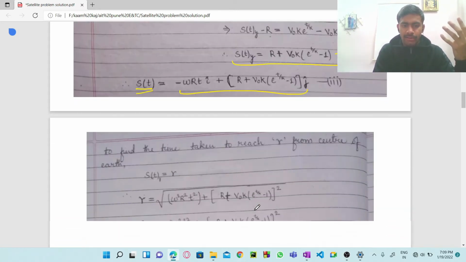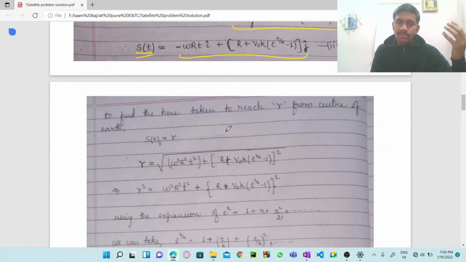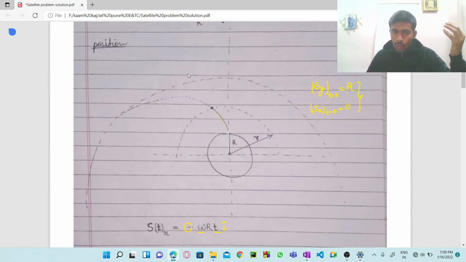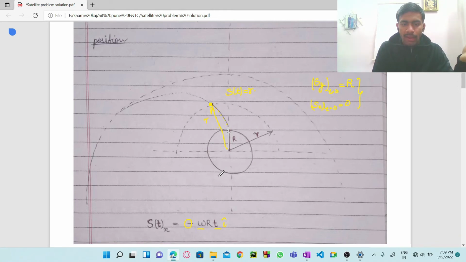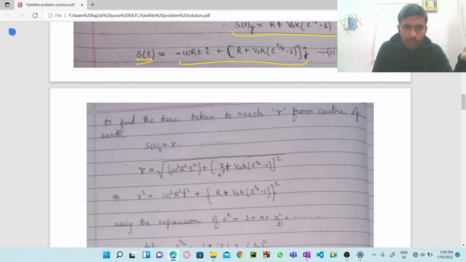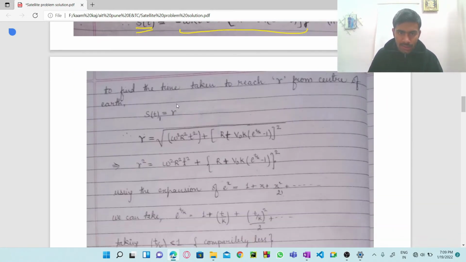As my satellite is going only to a distance of r with these quantities like velocity, acceleration and position, only up to position equal to r, I will put my s of t equal to r in order to find how much time it would take to reach that position.